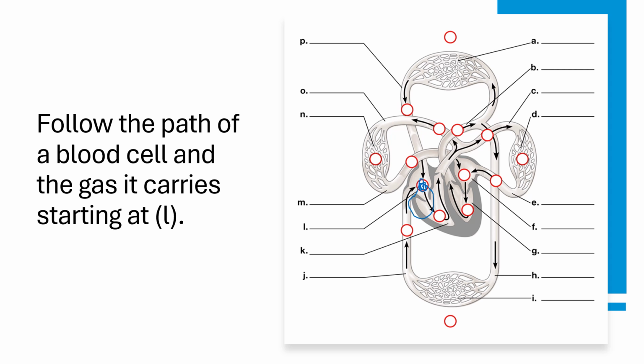And we're going to follow where the blood goes, okay? And as we do it, we want to talk about what gas it has in it, okay? So this is for you to use if you choose, something that you can use to practice with.